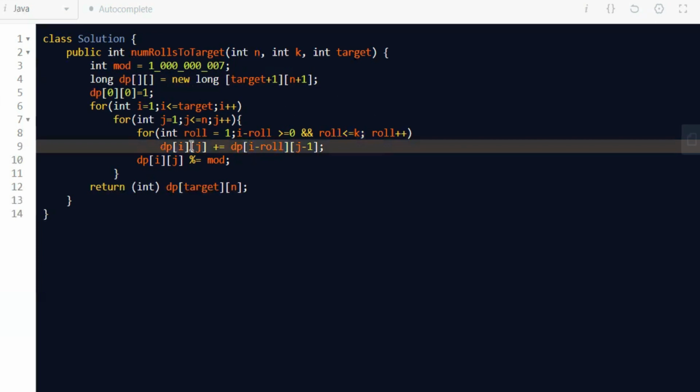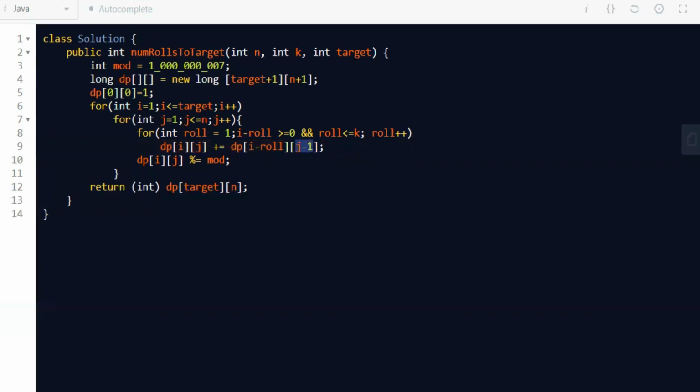Now let's understand what exactly we're doing. We're doing something like dp of i, j, i being our current target, and j being the current dice we have. What we're trying to find out is, first thing, j minus 1.